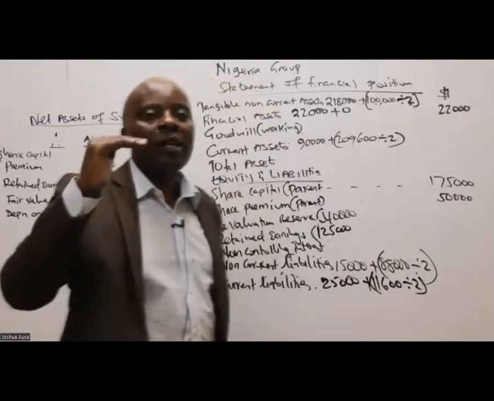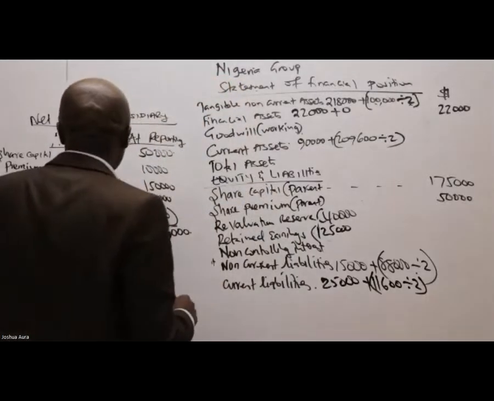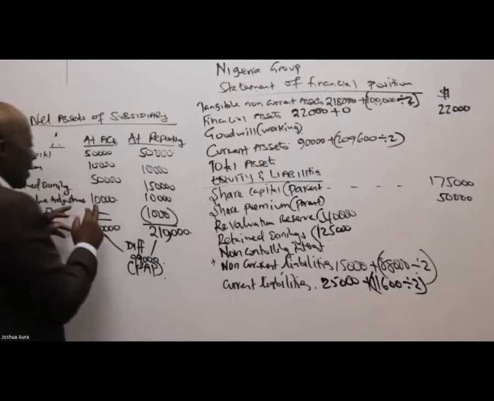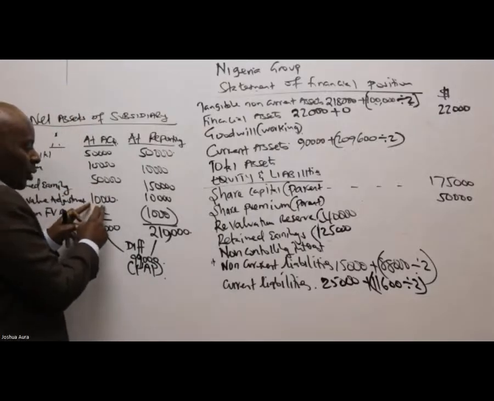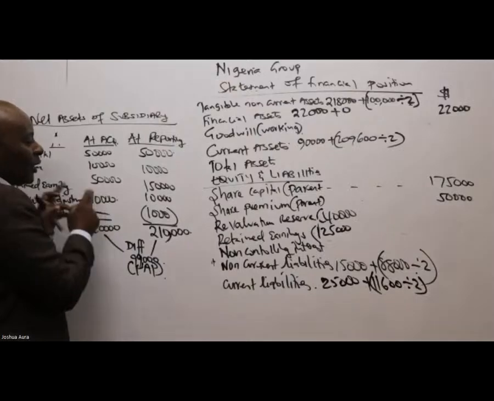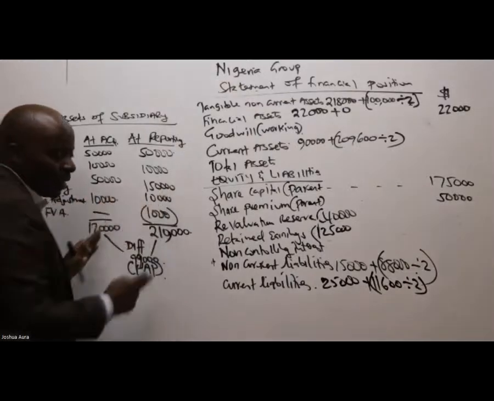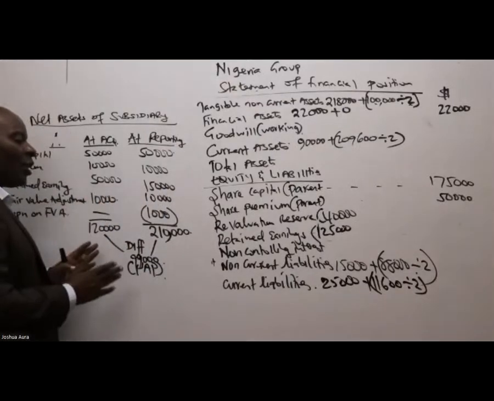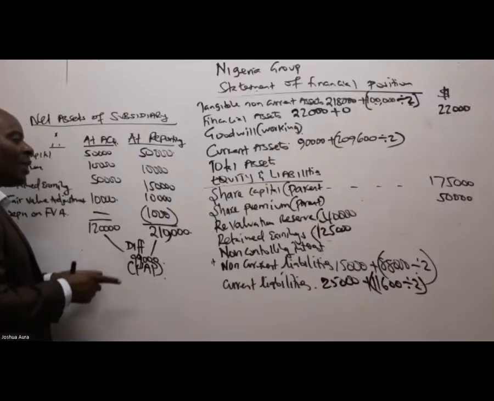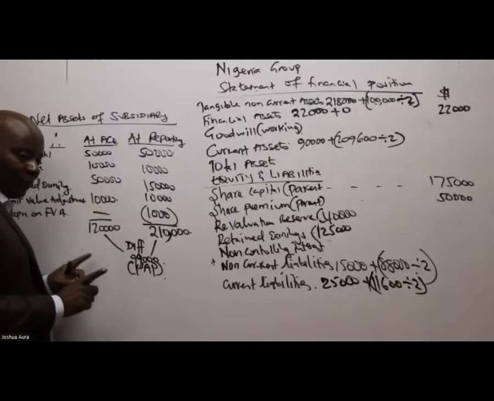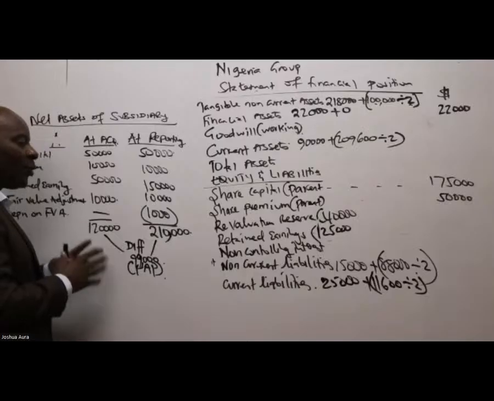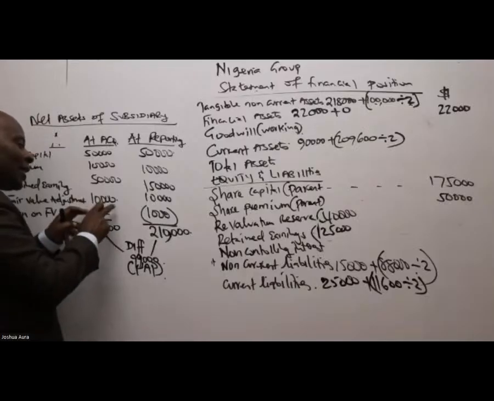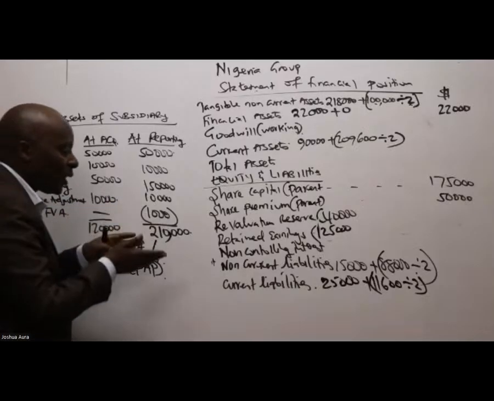So this is what we are calling fair value adjustment. The fair value adjustment of our assets here, you can see it's a positive 10,000. So you'll have positive 10,000 at acquisition, and the same figure is replicated where? Here. Then after you do that, always this fair value adjustment has to be depreciated, of which they have told us that the remaining useful life of the asset after the revaluation is 10 years.